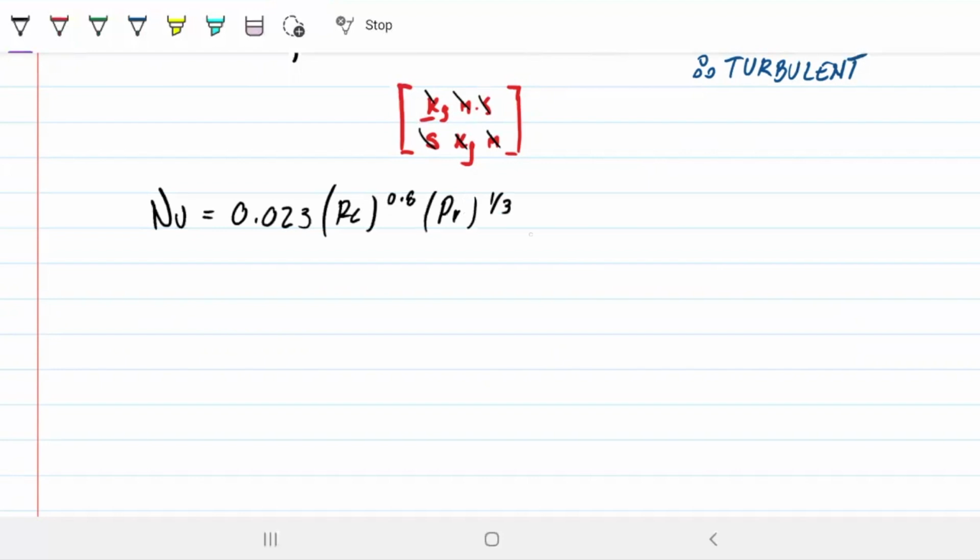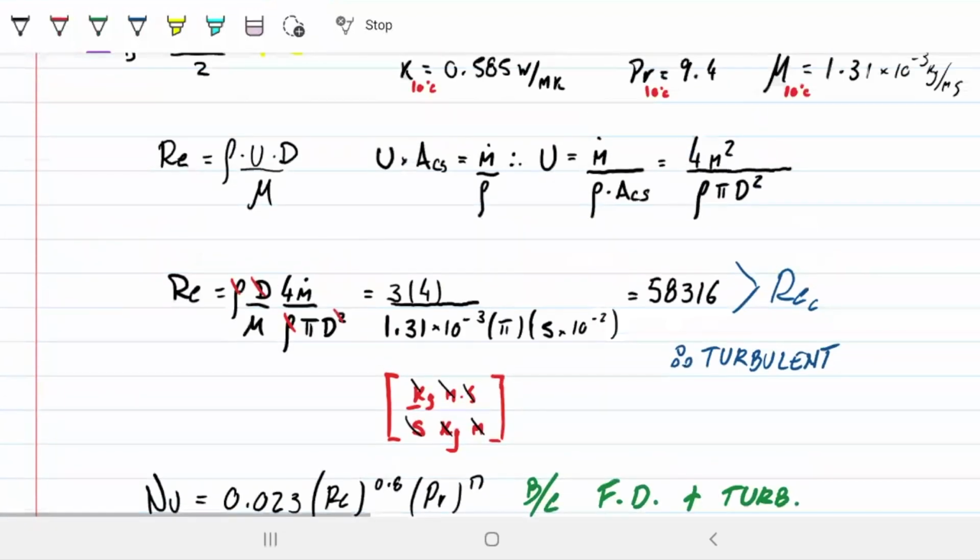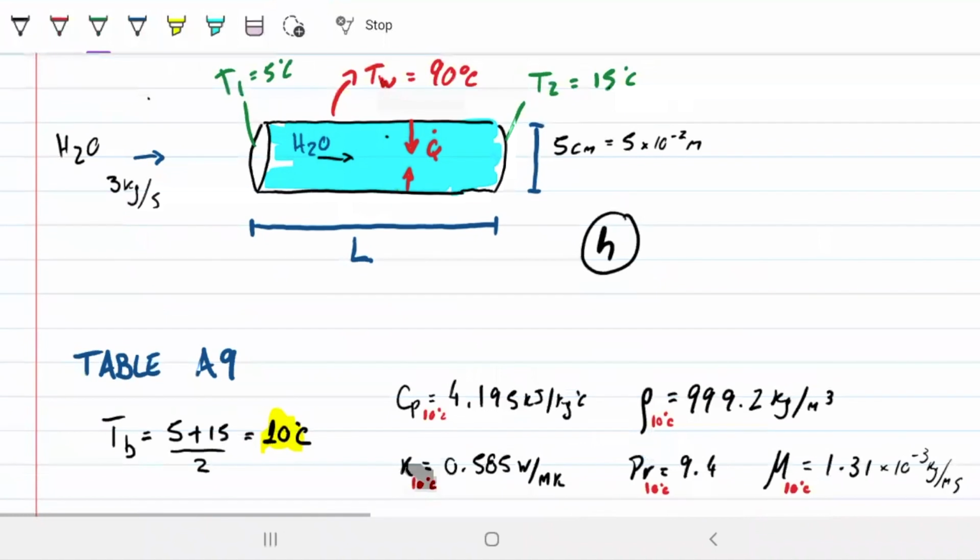Prandtl to the n. Let's make sure we're doing it nicely, because fully developed plus turbulent. Is my fluid being heated, or is it cooling down? We are going from 5 to 15.